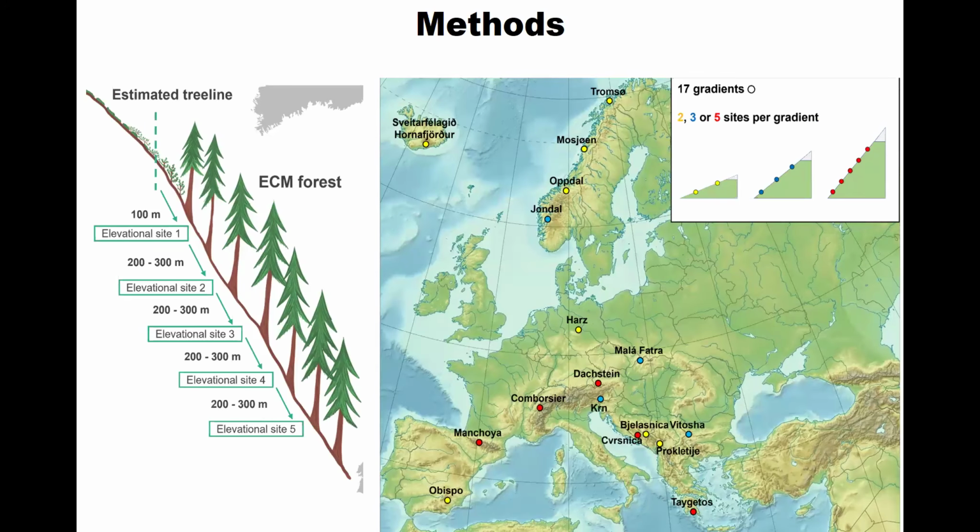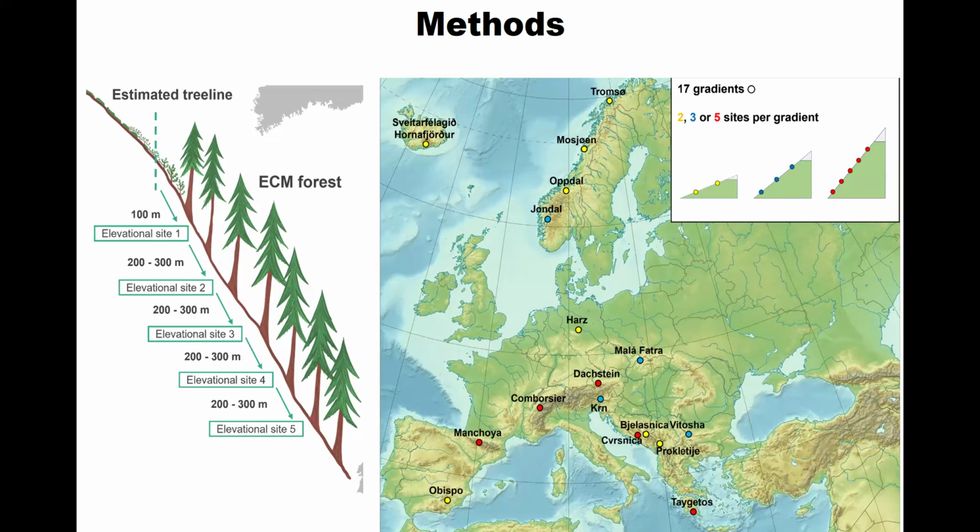How did we do it? We did a relatively labor-intensive and time-demanding sampling in the whole of Europe. Each of the dots here represents one elevational slope in various mountain ranges all over Europe, and on each of these elevational slopes we sampled some elevational gradient.